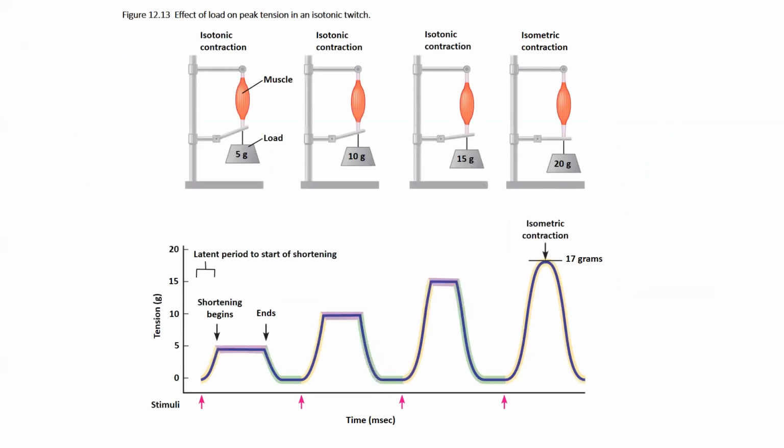This is before excitation-contraction coupling has completed, and then we start to generate some tension. And then at this point, right, we have 5 grams, we have generated enough force to lift this 5-gram load. So we're not going to generate any more force. We're just going to have a nice slow contraction at constant tension, and then we drop off. Right? That's your 5-gram load. Let's look at a 10-gram load. Similar. You have your latent phase, contraction begins.